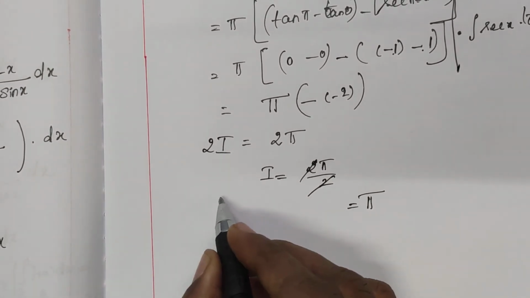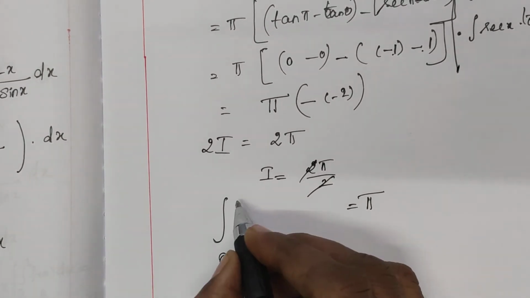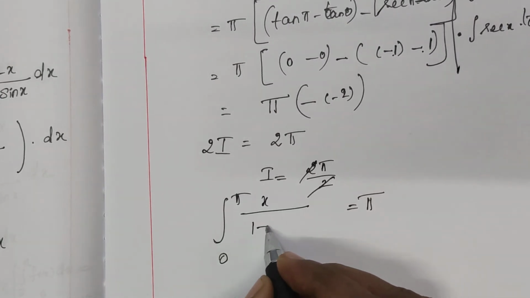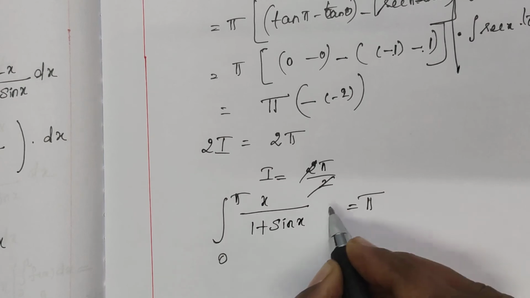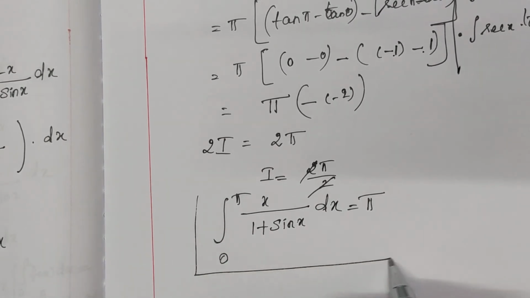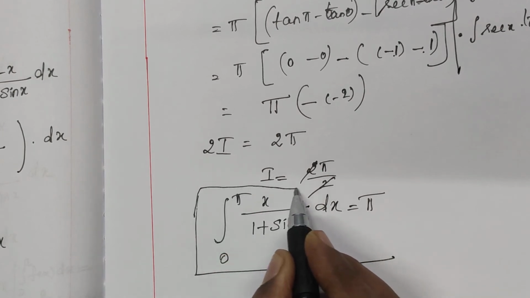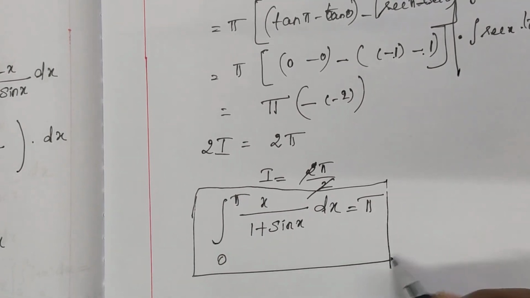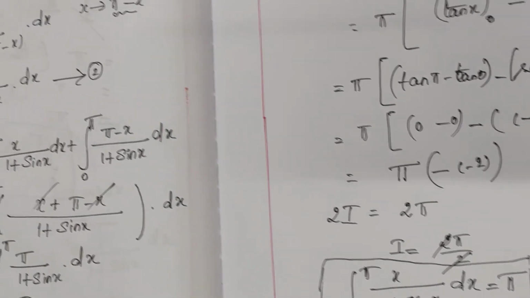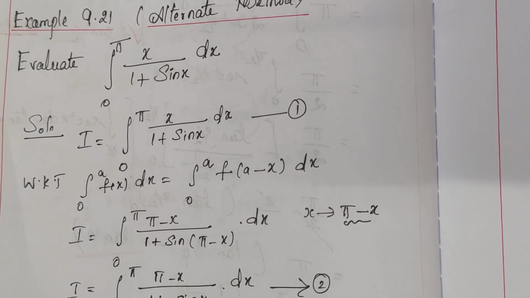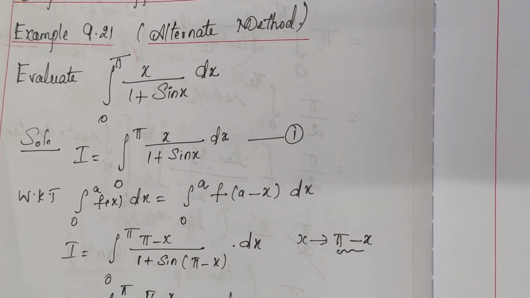Therefore the integral 0 to pi x by 1 plus sin x dx is equal to pi. This is the correct answer. Therefore, example 9.21 alternate method is also over.